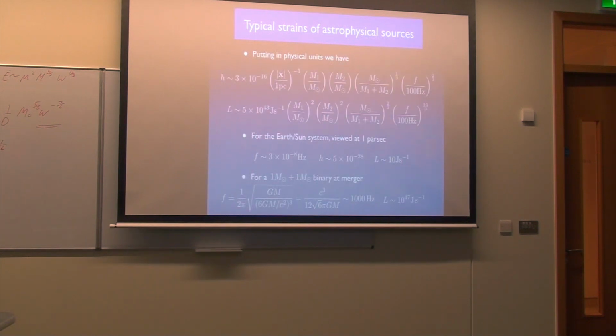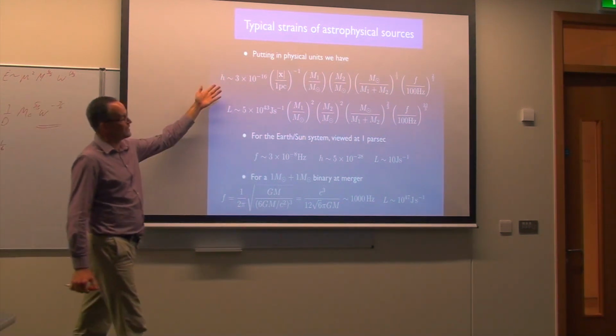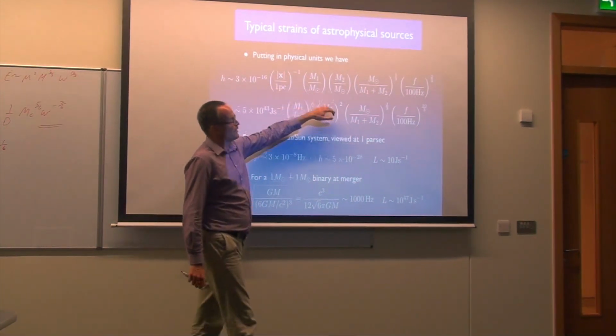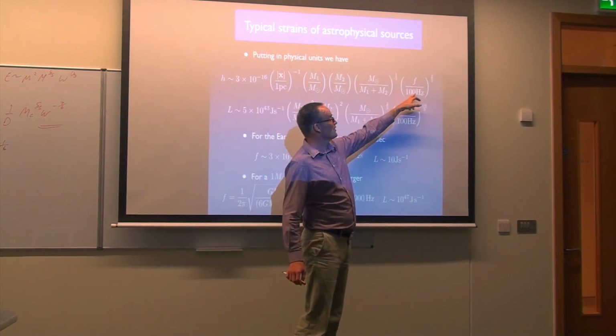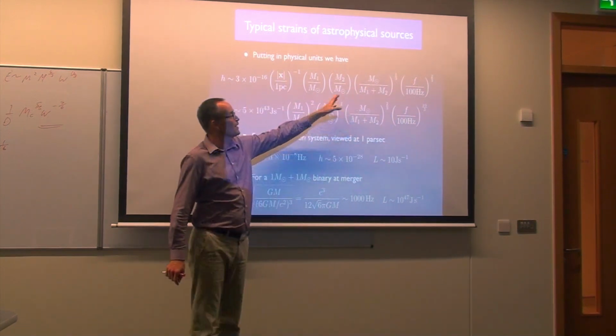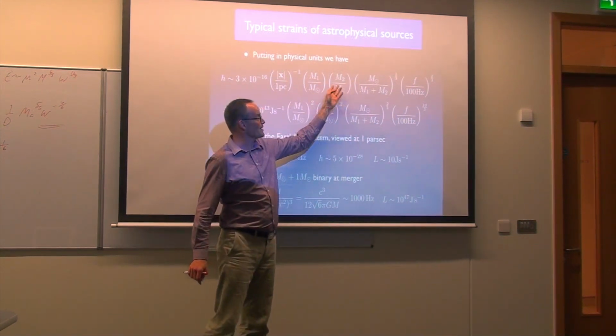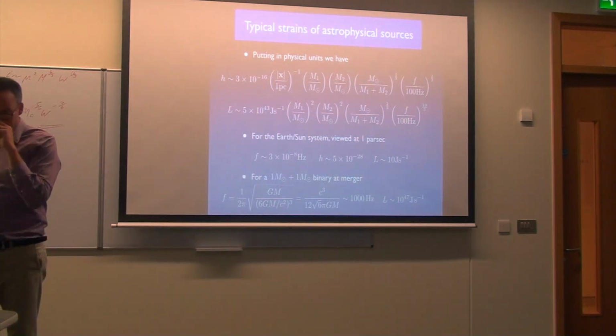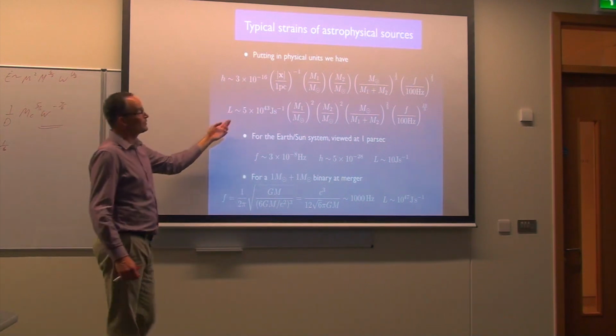Okay, so if you put in physical units, so we reintroduce all of the factors that we dropped, things scale like this. For a source at a distance of 1 megaparsec, radiating at a frequency of 100 hertz, and with masses basically of the order of 1 solar mass, you have a strain of about a few times 10 to the minus 16. And now 1 megaparsec is very close.